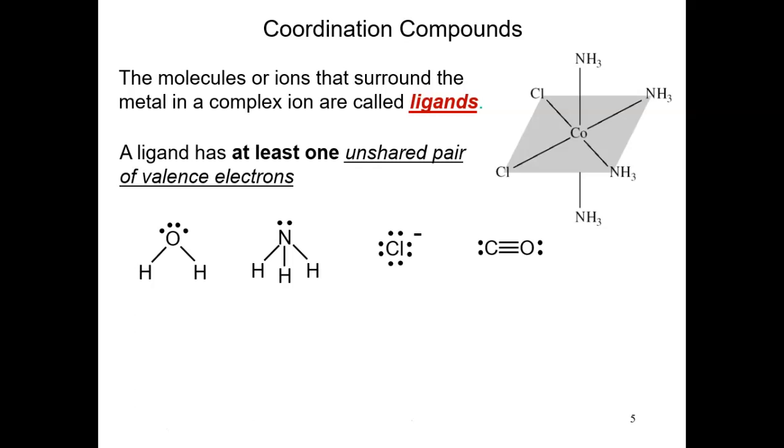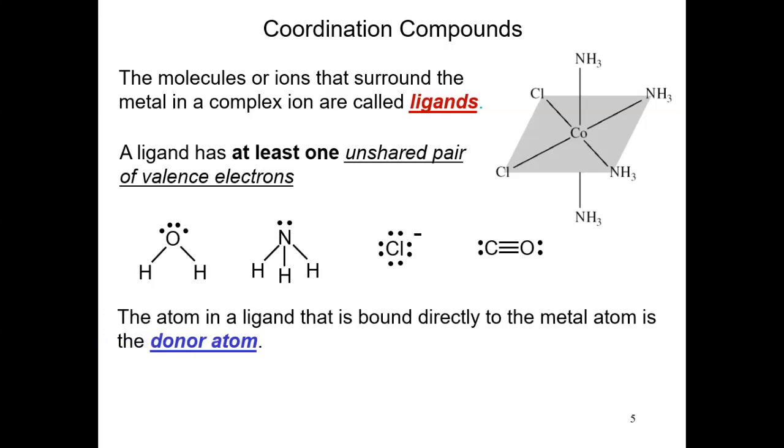If you think about it, and if you saw the video or read the book, you'll realize that the formation of a complex ion is essentially the result of a Lewis acid-base reaction, where the central metal cation is acting as the electron acceptor, or the Lewis acid, and the ligand is acting as the electron donor, or Lewis base.